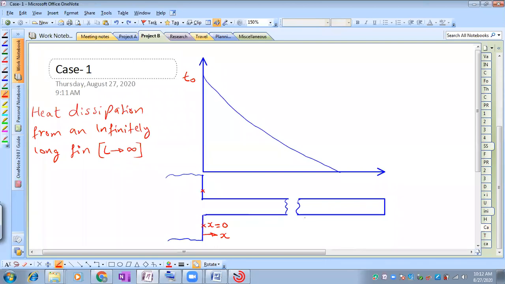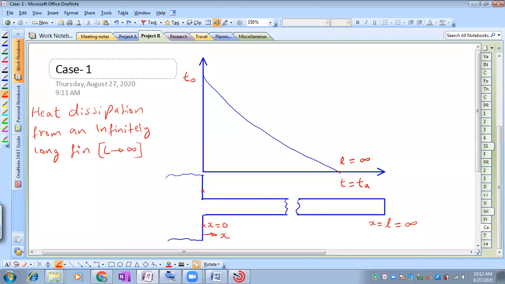Now, as the length of the fin is infinity, at x equal to L, which is infinity, the temperature at this point is equal to TA.